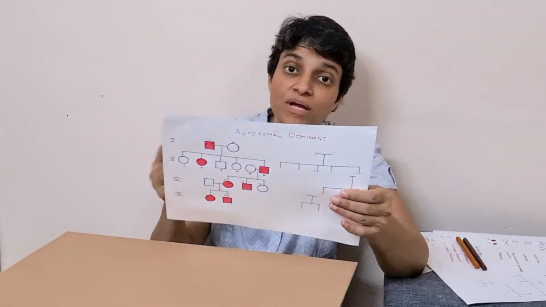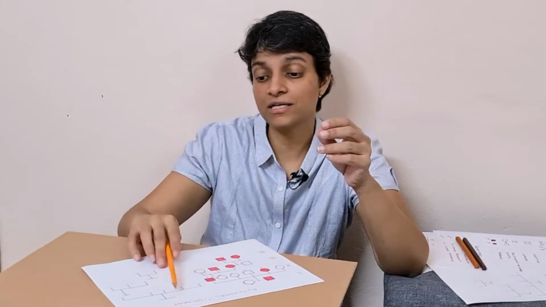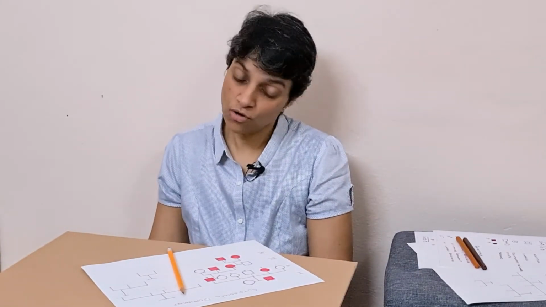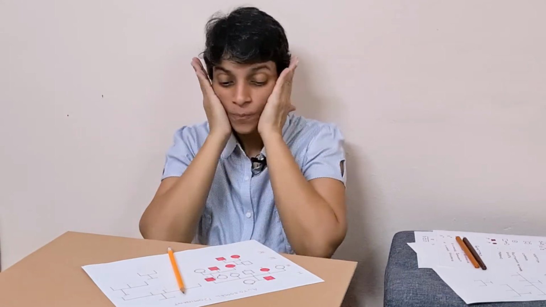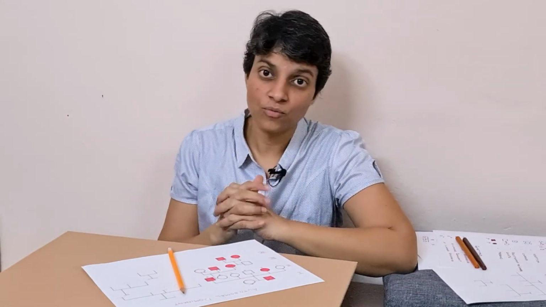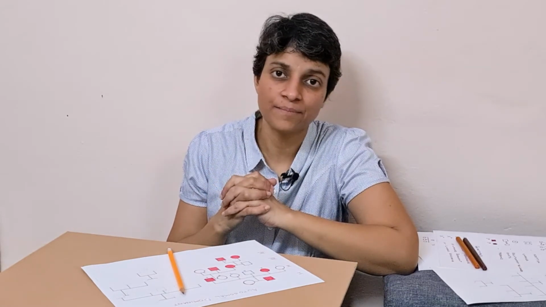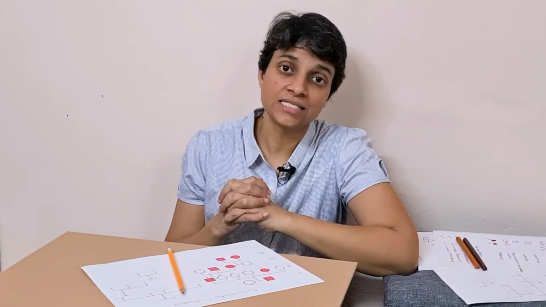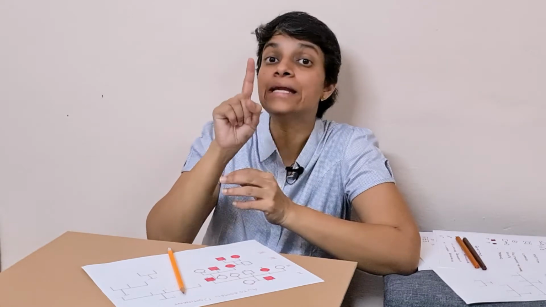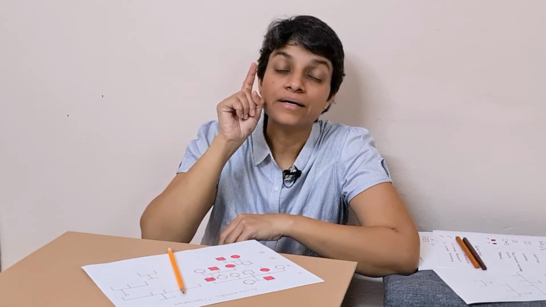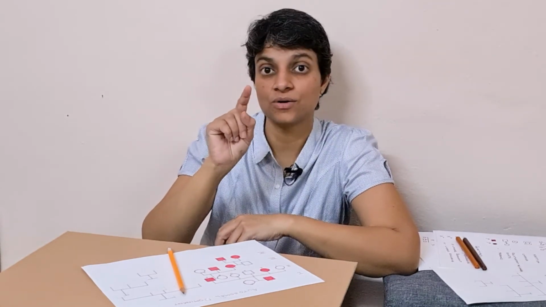So there is no skipping of generations, which indicates that it is dominant. And because it's affecting males and females equally, we say it is autosomal dominant. Now, to go ahead with the next clue, a dominant disease can arise even if one dominant allele is present.